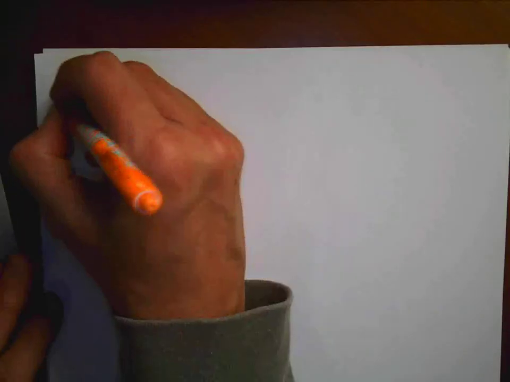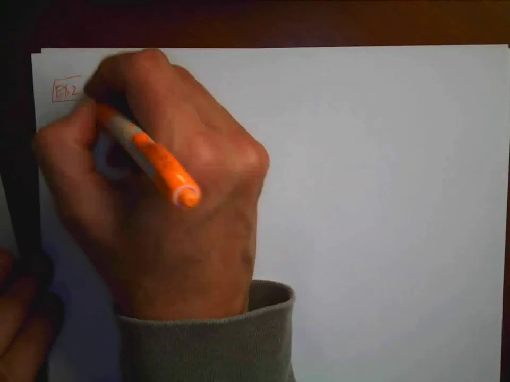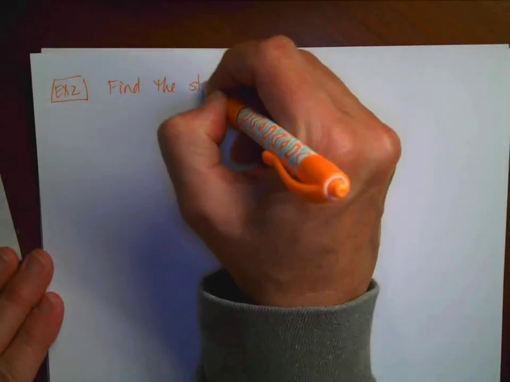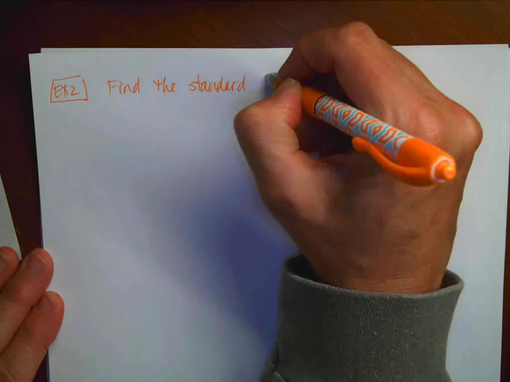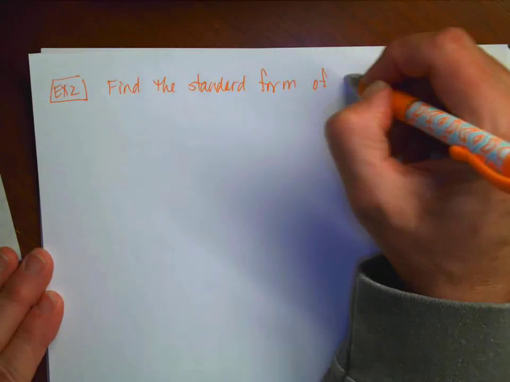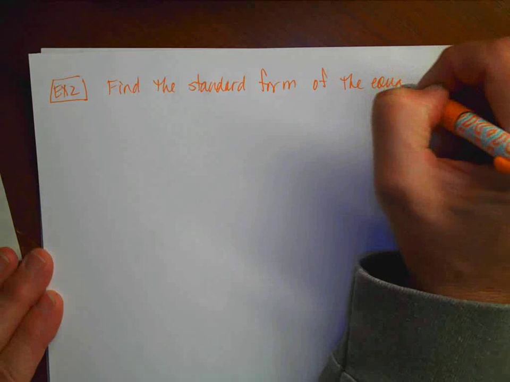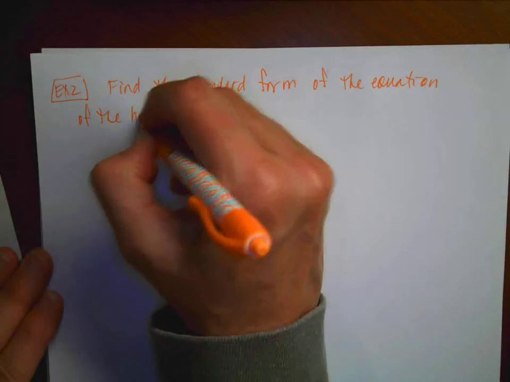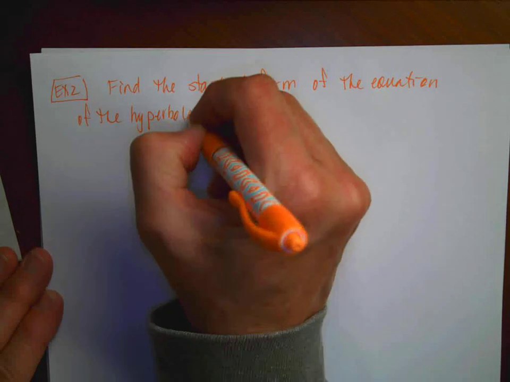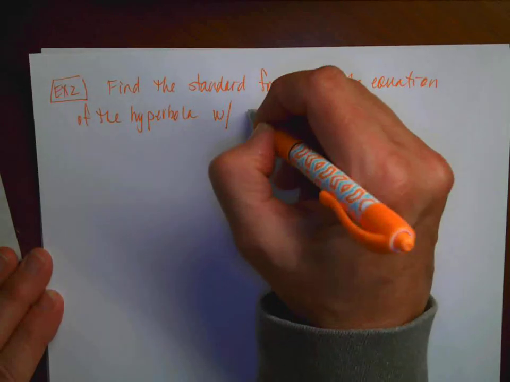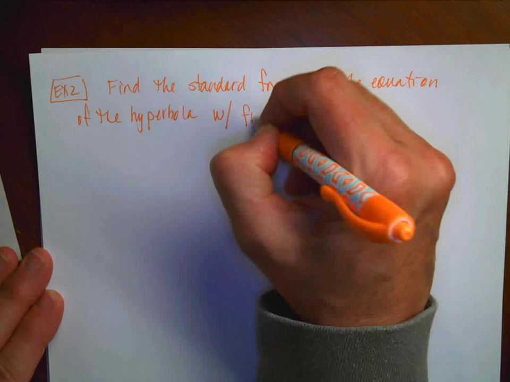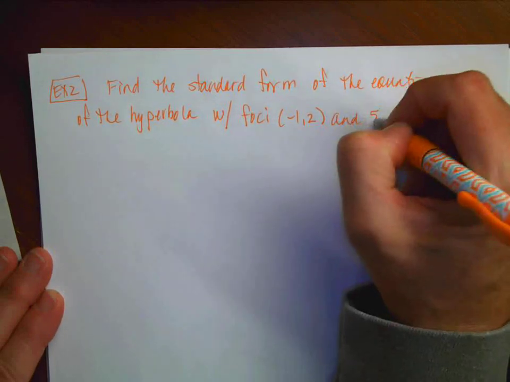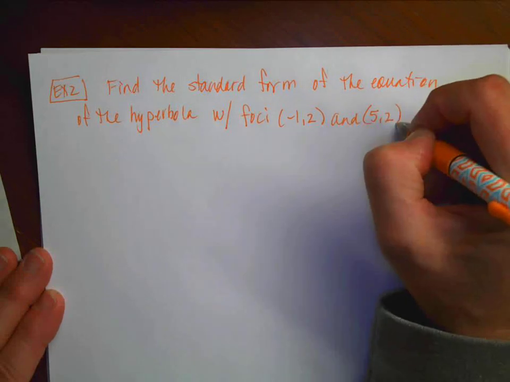So let's move on to our second example. So for example number 2, we're going to do what we've been doing in our other videos. We're going to find the standard form of the equation of the hyperbola, and they're going to tell us that I'm going to have foci of negative 1, 2 and 5, 2.